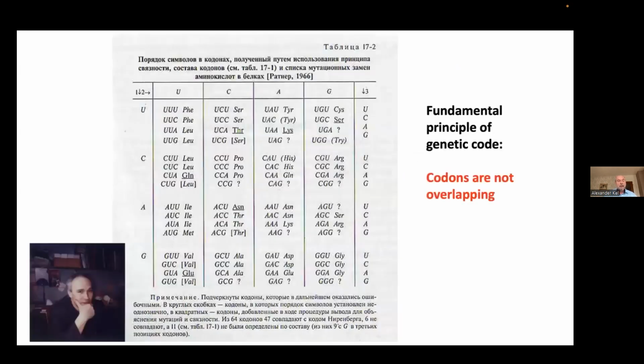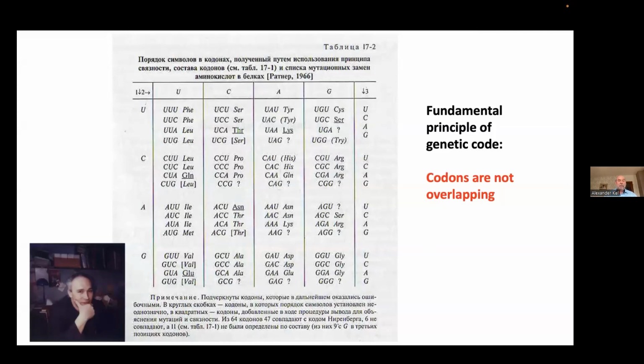But the question is, is it actually a text? Consider the genetic code and how it was discovered. I present here one picture of the genetic code, with some question marks, and it's special for you because this genetic code was discovered by a bioinformatics effort of my professor Ratner, actually two years before it was discovered by a big team in the United States, but it was fully theoretically predicted.